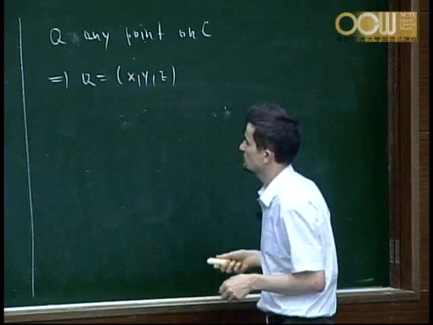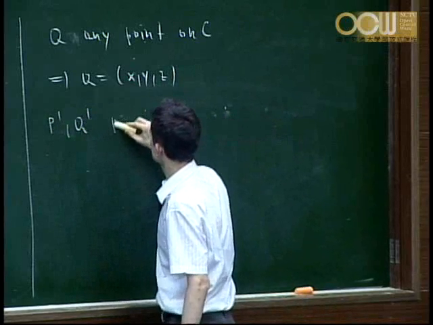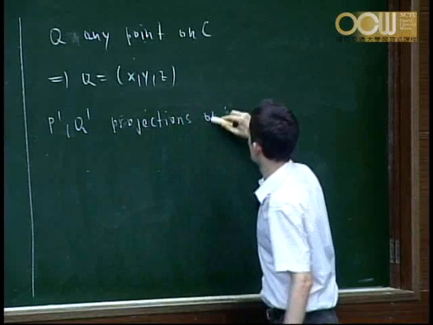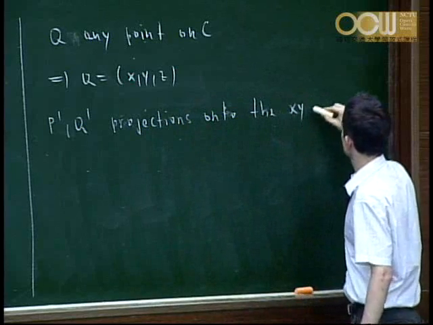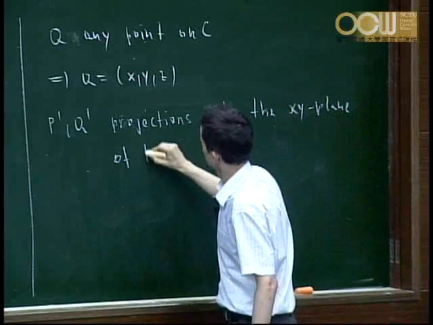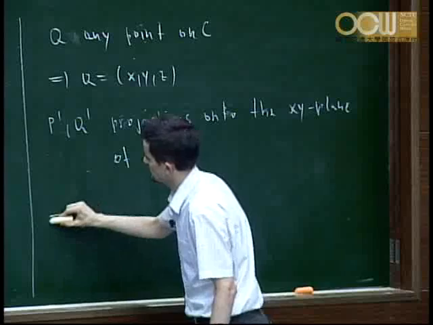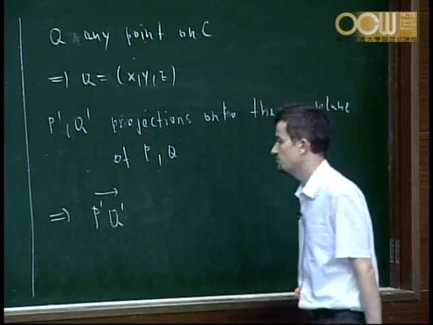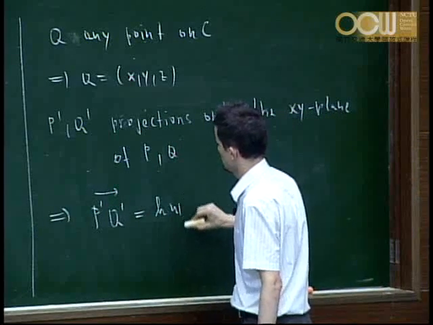Now, if you project it down, P prime and Q prime being the projections onto the xy plane of P and Q, then of course the vector from P prime to Q prime must be a multiple of the unit vector u.